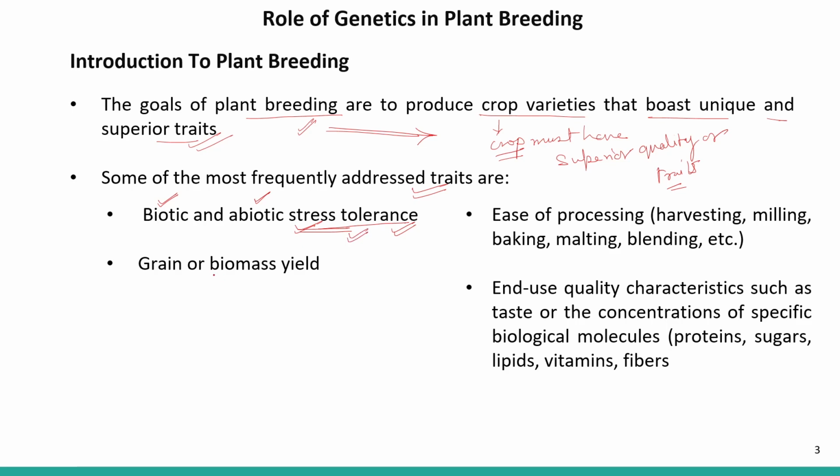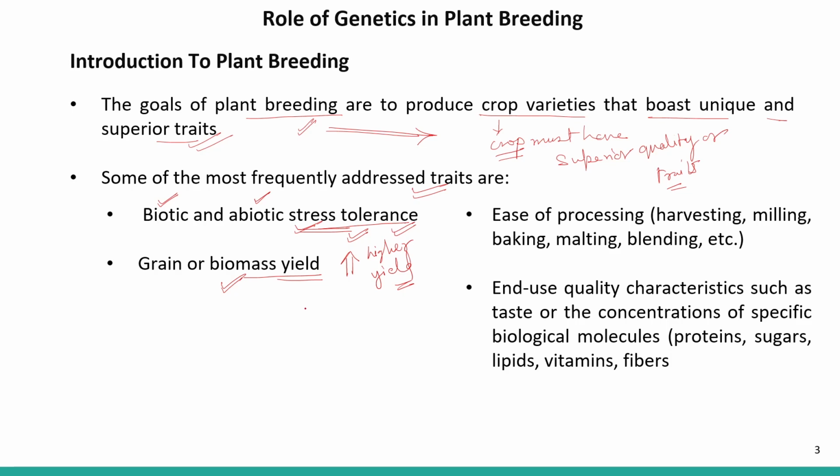Okay, grain or biomass yield: we always want the crop with higher yield, right? So we will choose such alleles in a crop that can increase the grain or biomass.